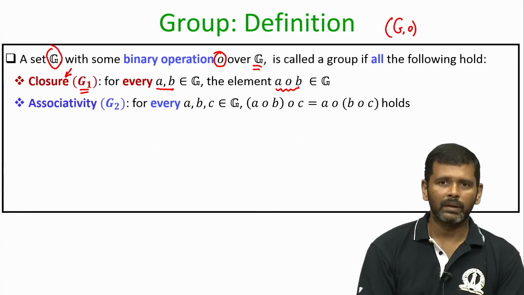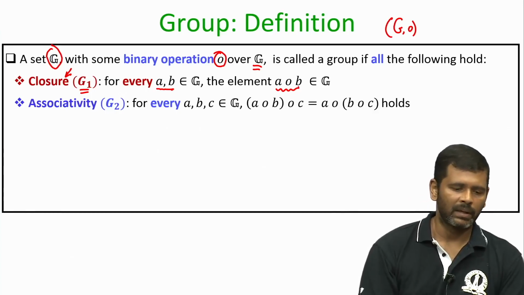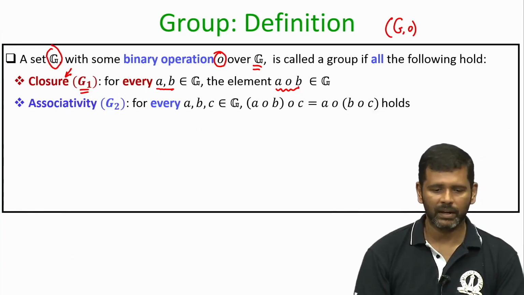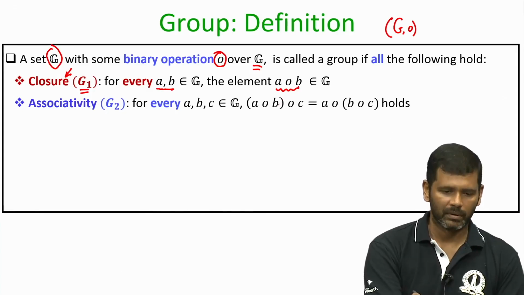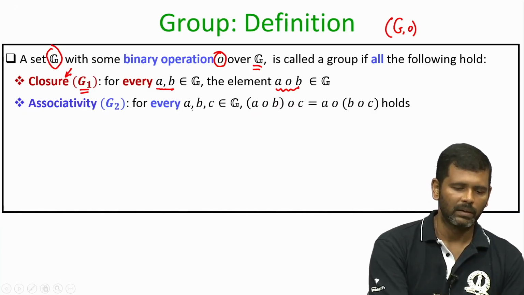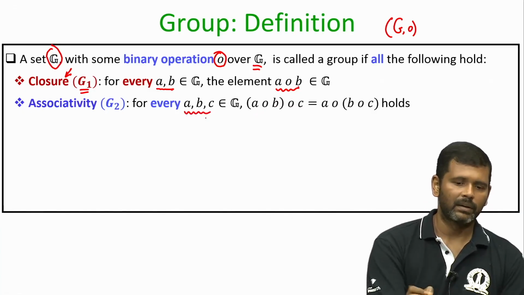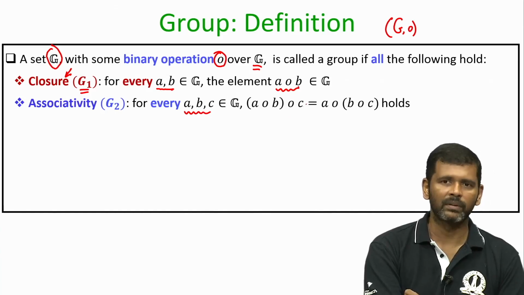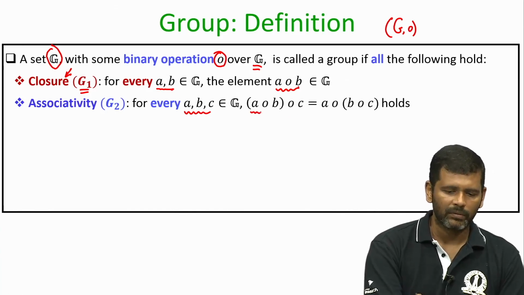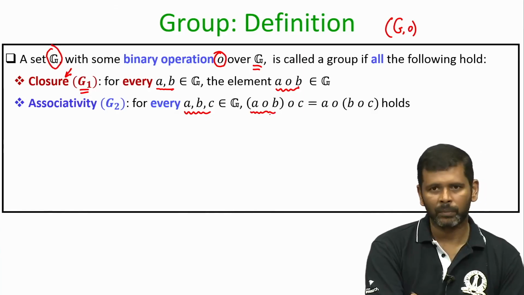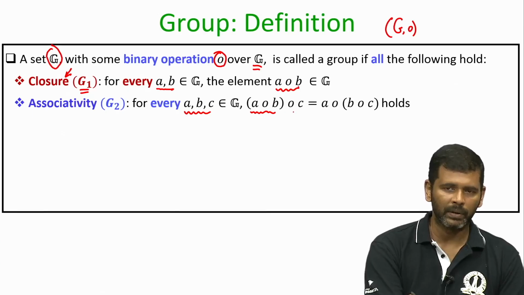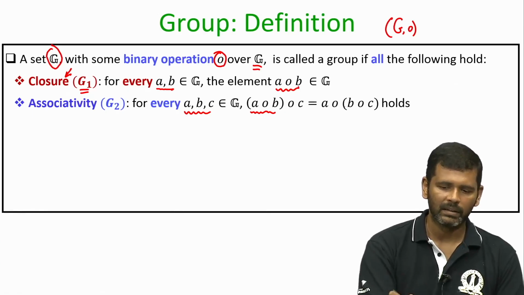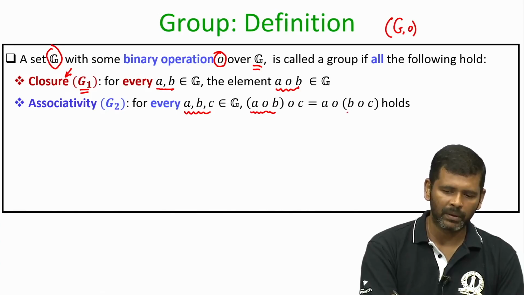The second property or the axiom is the associativity property denoted by G2, which demands that your operation O should be associative. That means it does not matter in what order you perform the operation, namely for every triplet of values a, b, c from your set big G, if you perform the operation a O b, you will obtain a member of the set big G, and then again if you apply the operation O on that member and c, the result will be the same if you do the operation in the following order.